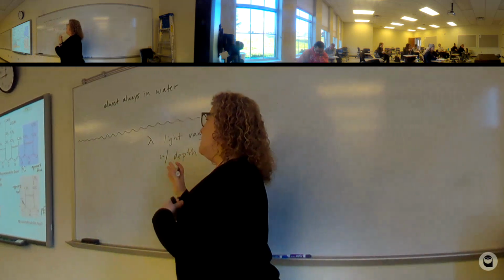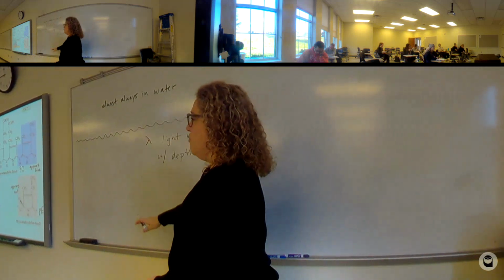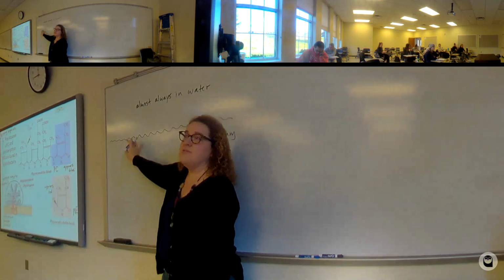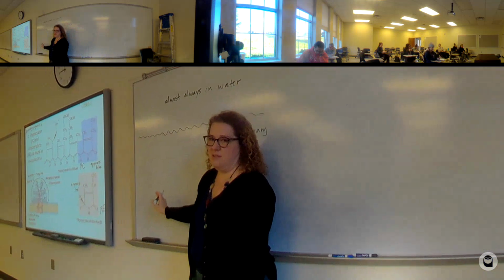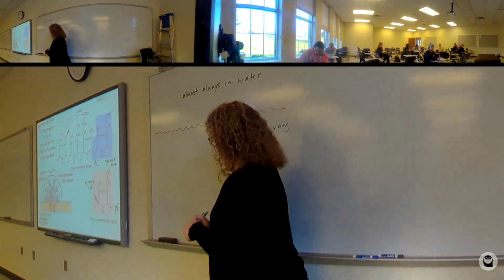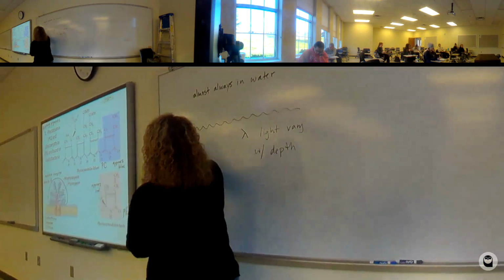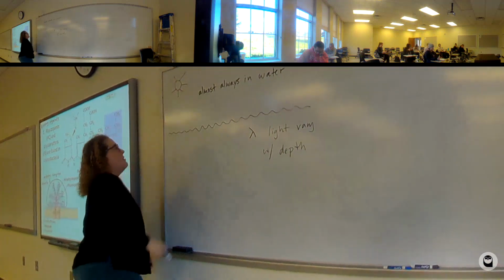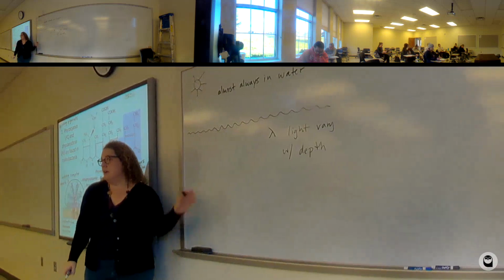So if you are a microbe and you live in water, you may or may not be able to make yourself swim up and down to follow your favorite light wavelength. And the light is going to be coming from the sun, as it always does in nature.